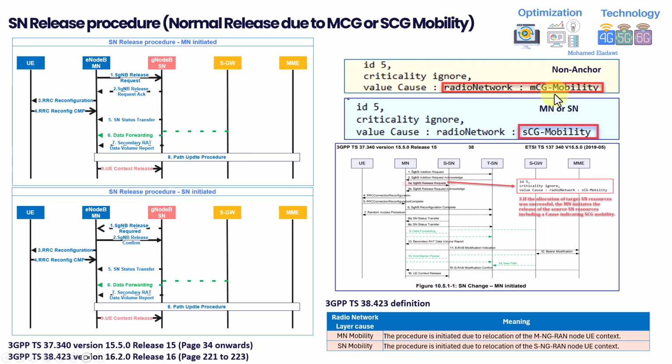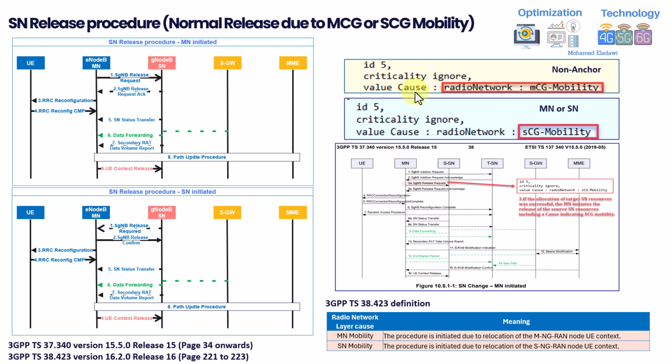If you see this cause in the top right, as I mentioned, it occurs whenever there is a handover, for example from one 5G site through the 4G leg. For example, the 4G leg is moving from one 4G site to another 4G site, but that 4G is not an anchor site. This is what I mentioned in the previous slide as 5G anchor. Actually it's a handover from 4G to 4G, but the other 4G is not on the anchor side.